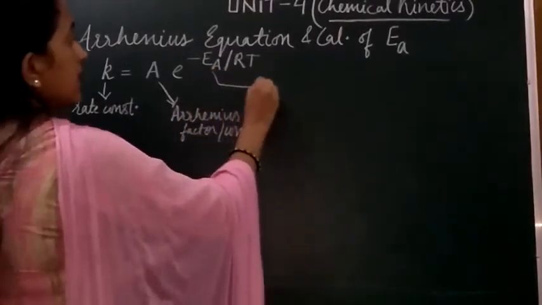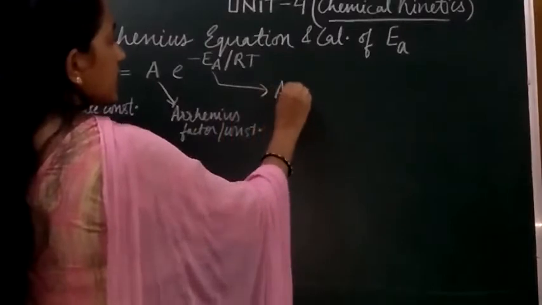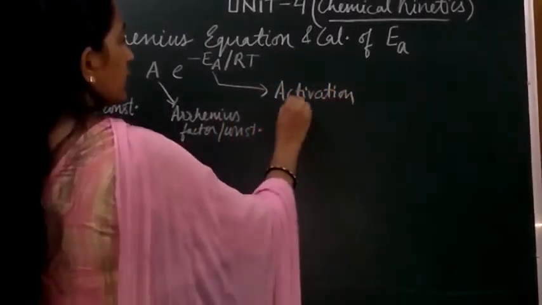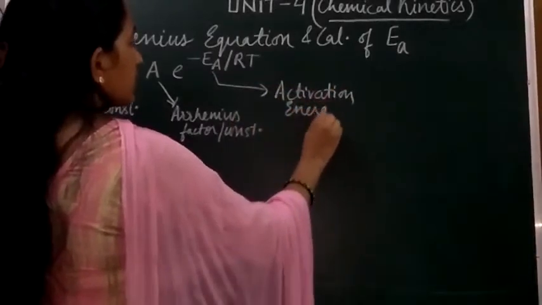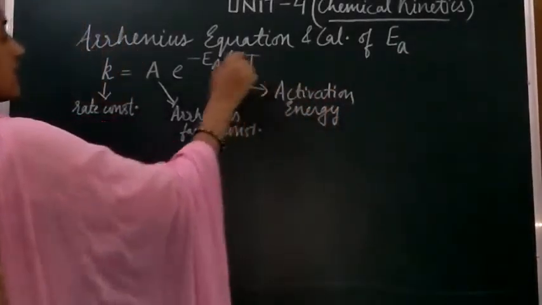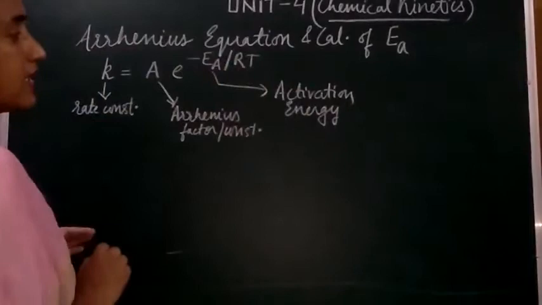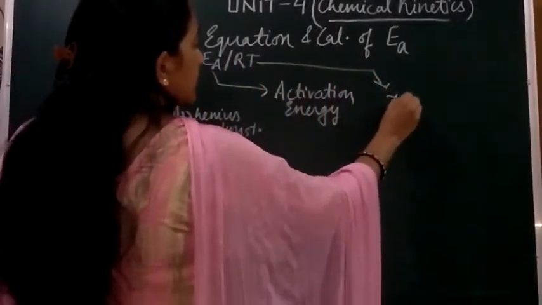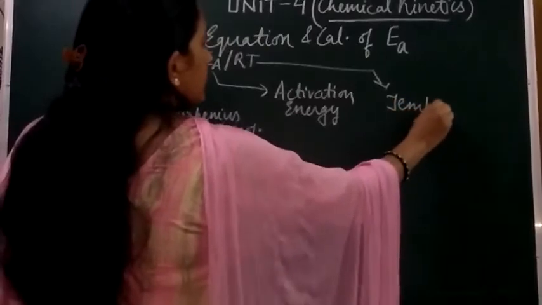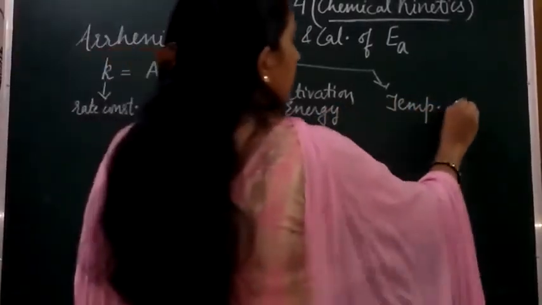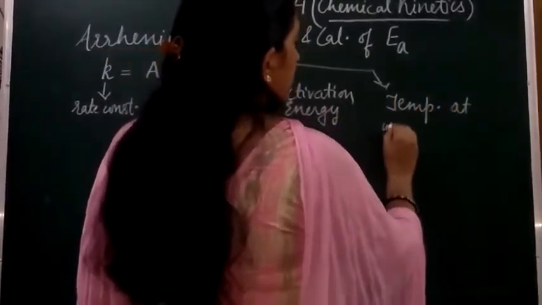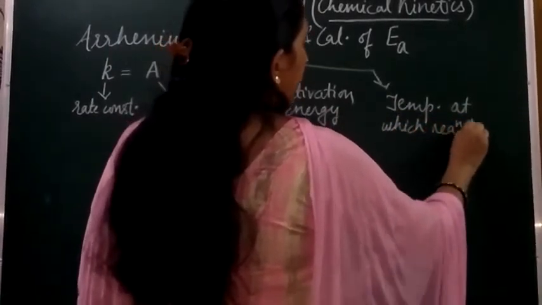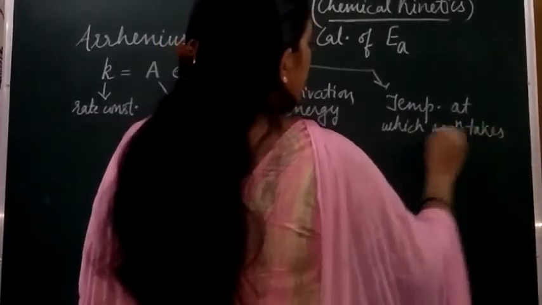Ea is the activation energy. R is the gas constant, and T is the temperature at which the reaction takes place.